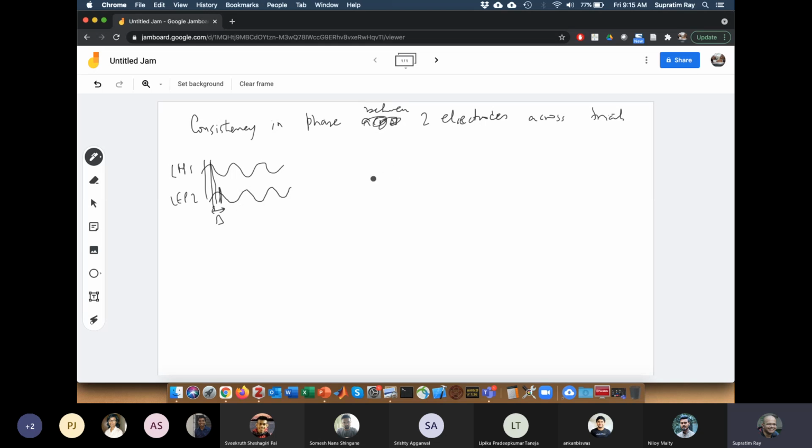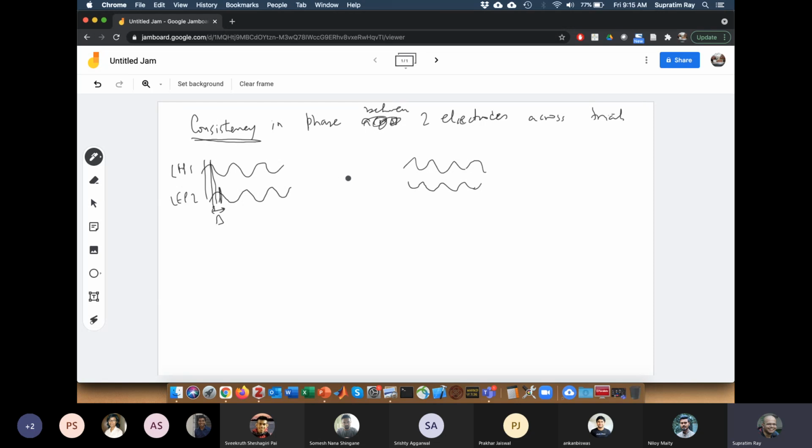Phase consistency doesn't mean that this delta is 0. Even if I have two sinusoids that are completely out of phase, they are actually phase consistent. They are consistently out of phase. So I'm right now interested in whether the phase difference is consistent across trials or not.